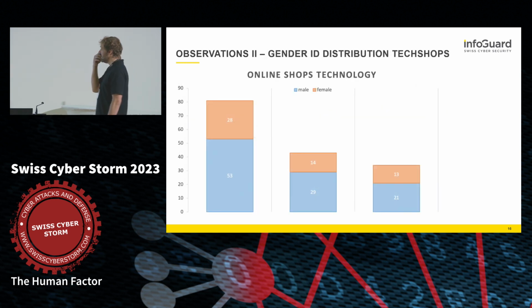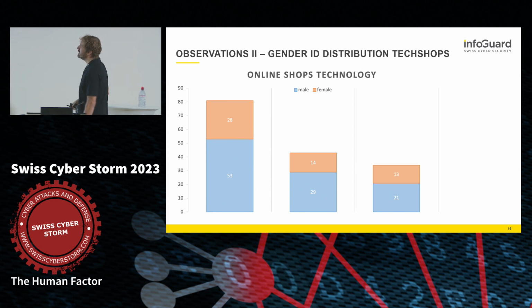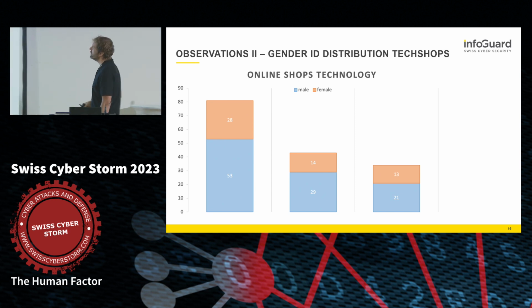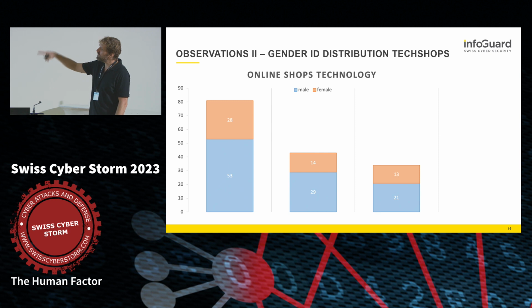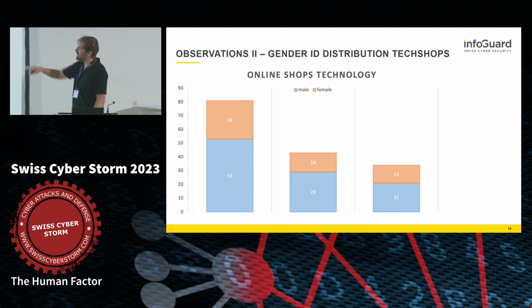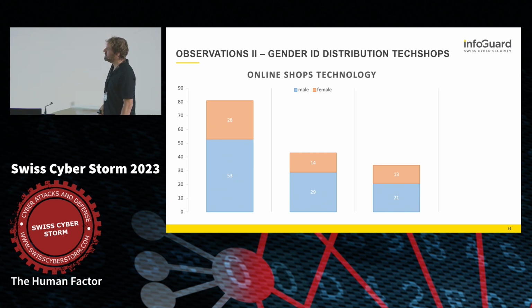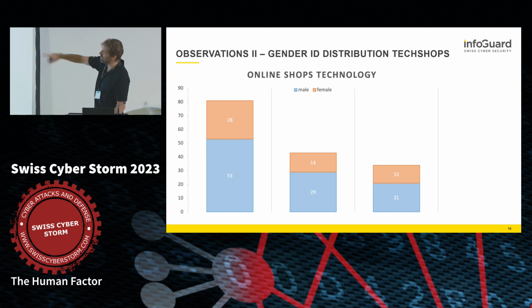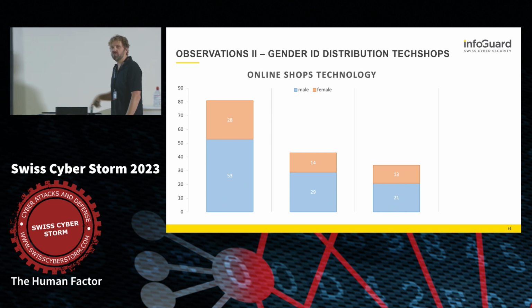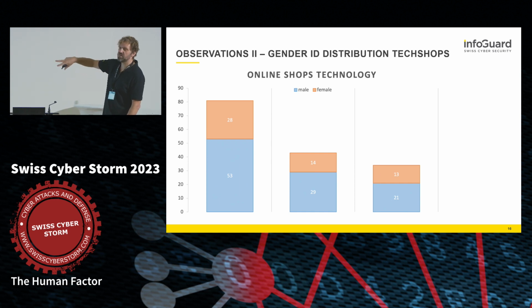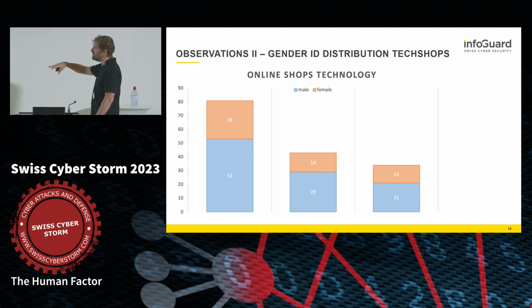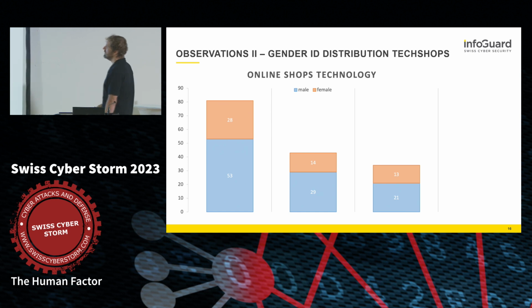Okay, then I looked at the gender distribution, and each one of these bar charts stands for one web application, right? So you have the age again on the y-axis. You can now see the blue part are registrants that identify to the male side, and the orange part is female.